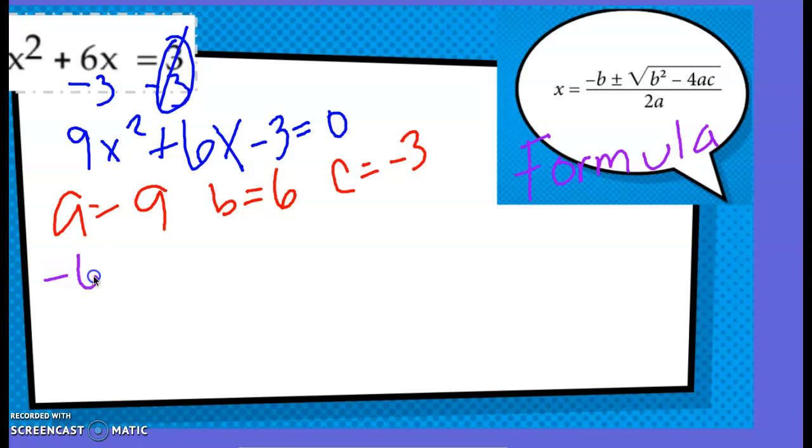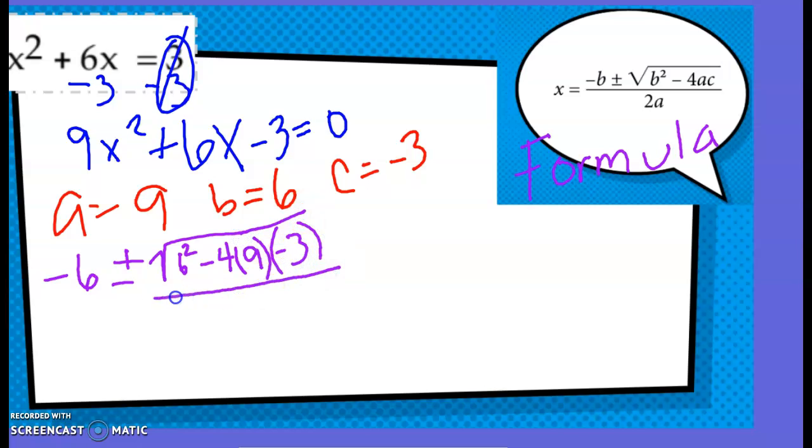So we have negative 6, because it's the opposite of b, plus or minus the square root of b squared, which is 6 squared, minus 4 times our a value times our c value. All of this gets divided by 2 times our a value.